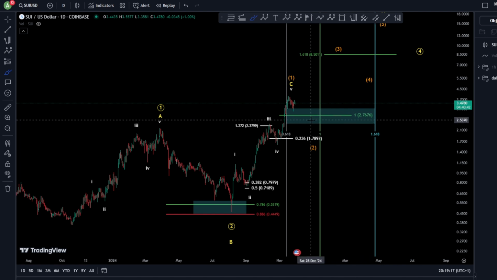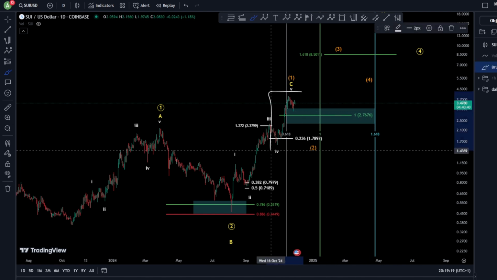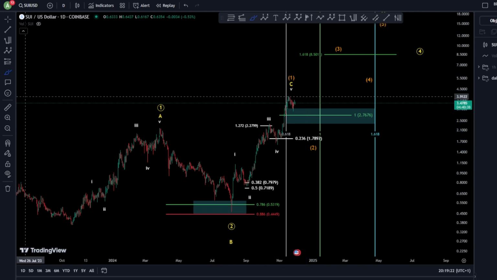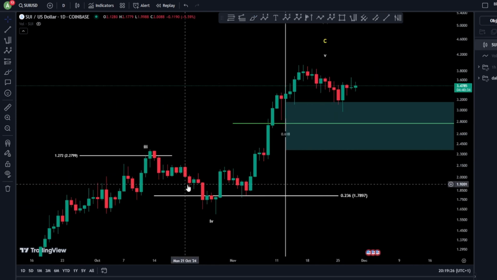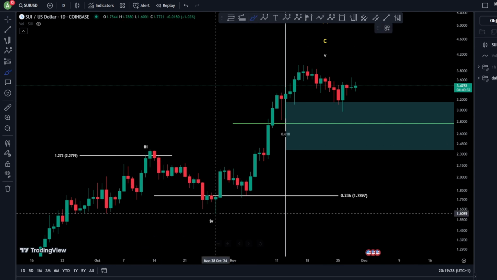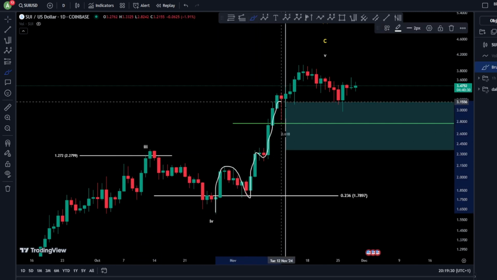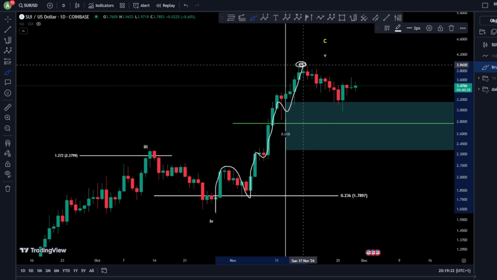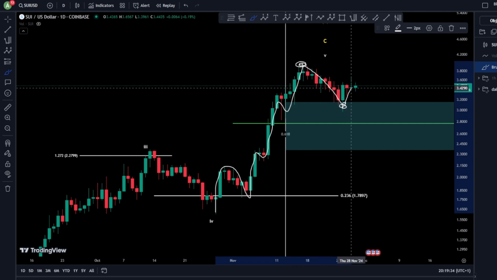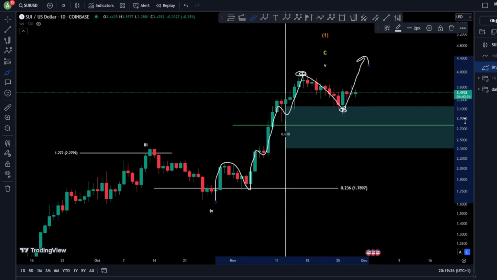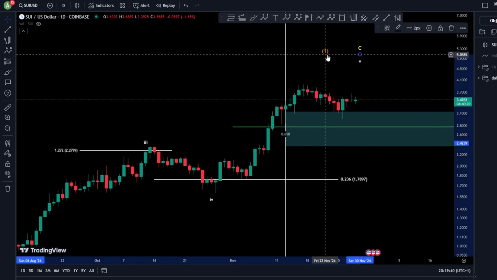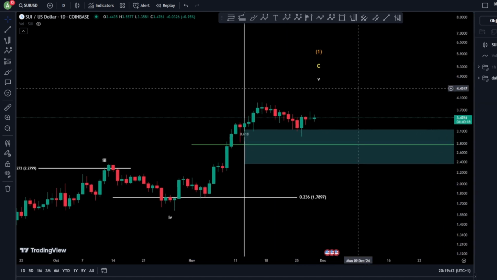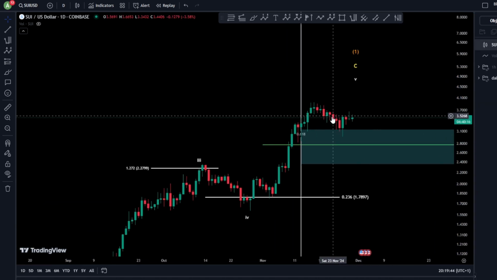Now, if we take a look even closer here, this wave might not be finished yet, because we see a 1, 2, and then 1, 2, 3, 4, 5 for your wave 3, and then a correction for your wave 4, and then we are still looking for one more leg towards the upside to finish this wave 5, probably wave C, and a much higher possibility for a wave 1.